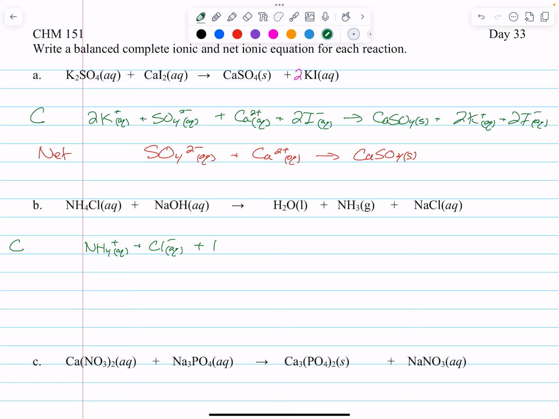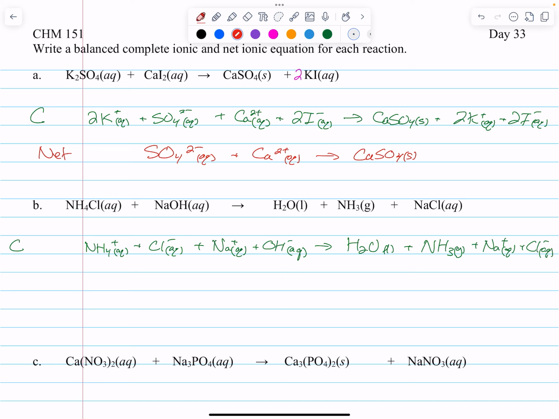Strong base, Na plus OH minus. We got water, which is a liquid. We got ammonia, which is a gas, plus sodium, plus chloride.